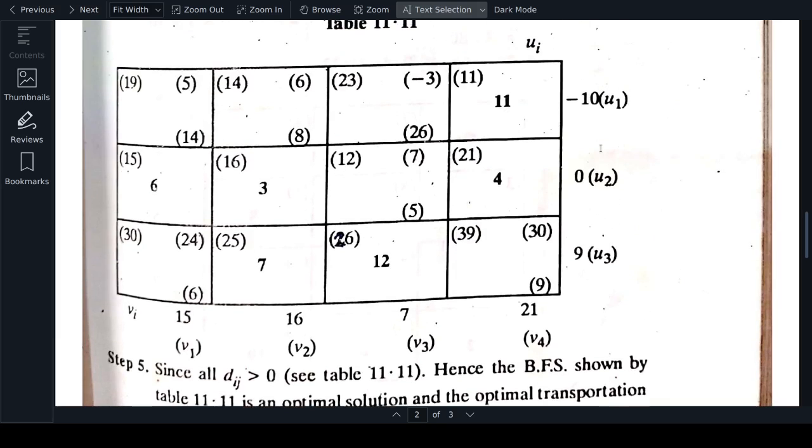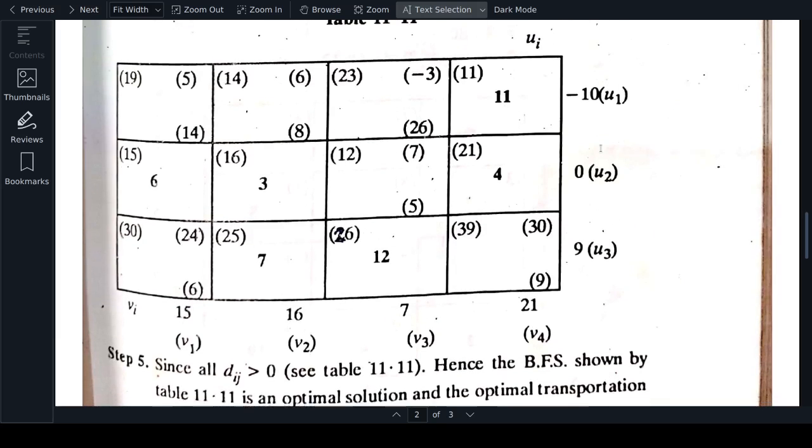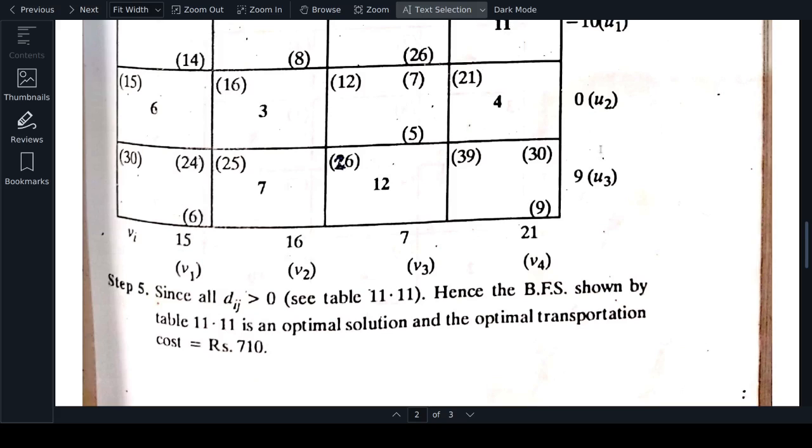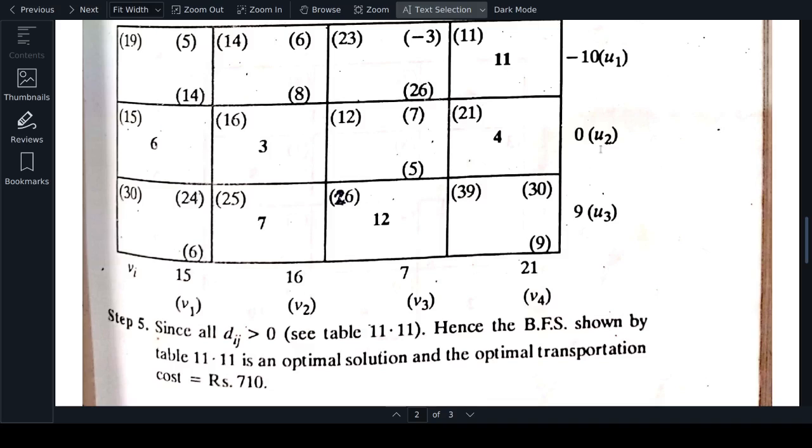Next, we evaluate Ui plus Vj. We evaluate and put it in the upper right corner of the unoccupied cell. Next, Ui plus Vj, we shall calculate and substitute in all unoccupied cells. And where to put it?